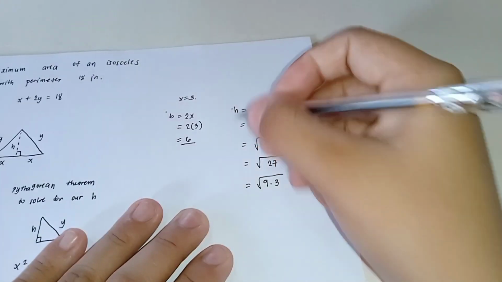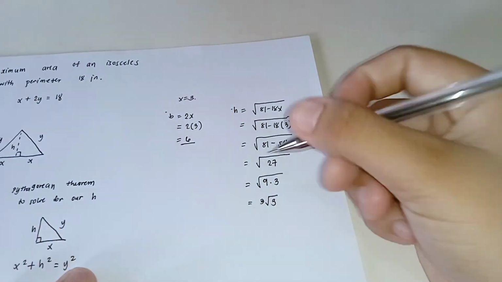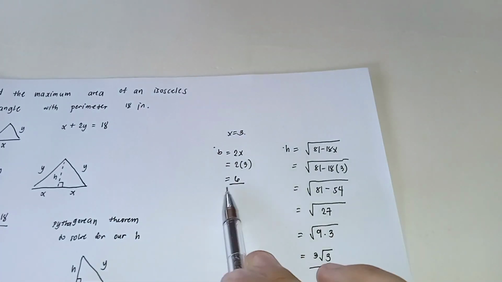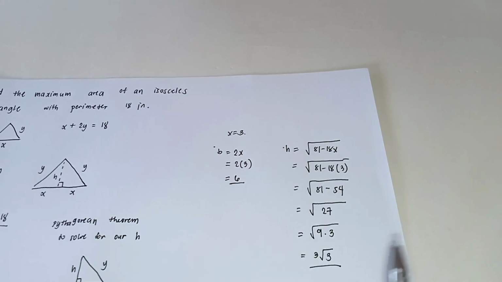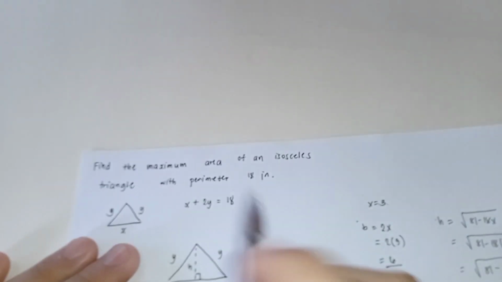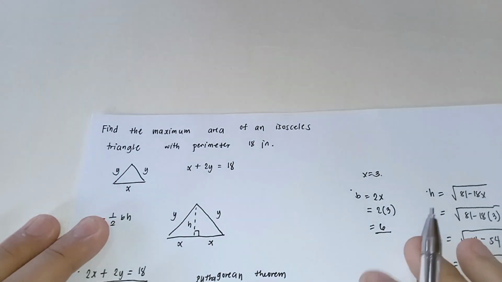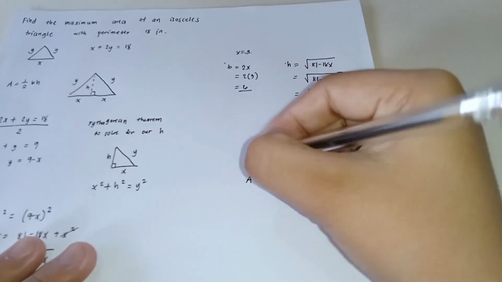So our height here will be 3 square root of 3. So now that we have our values of base here and our height, we can now substitute it to get the maximum area of our isosceles triangle with perimeter of 18 inches.